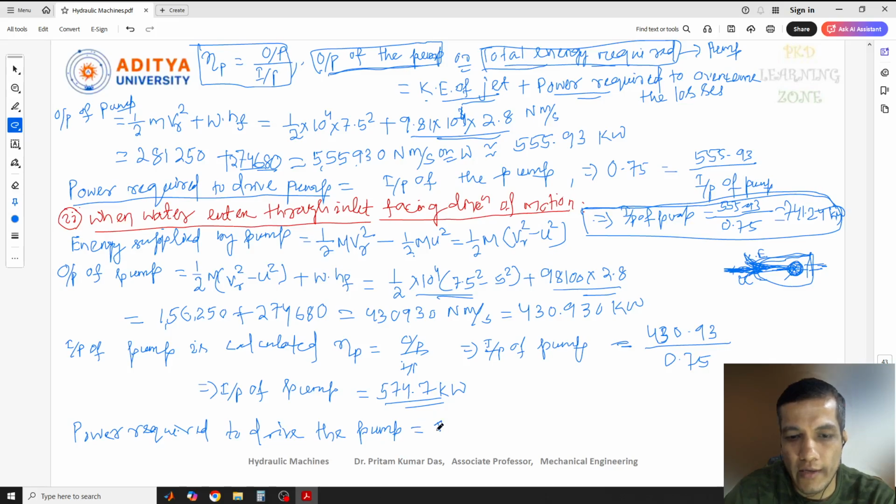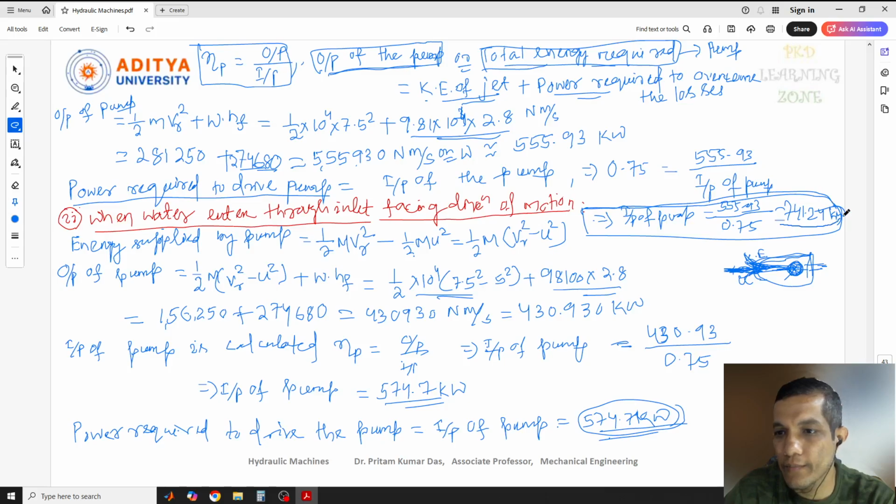Here also you can write the input of the pump equal to 570.7, something like that, kilowatt. Now you can see this is one condition of power required and this is another condition of power required.